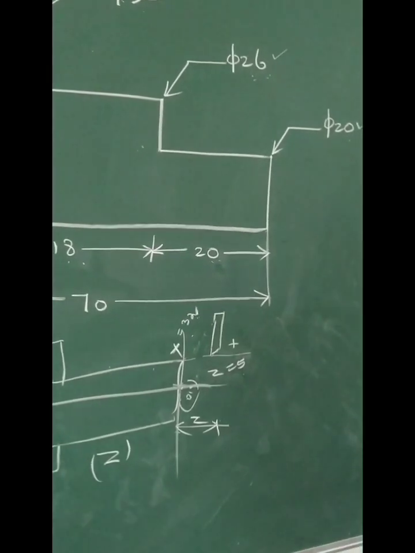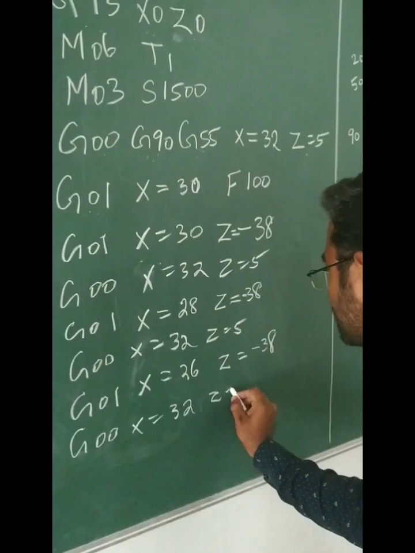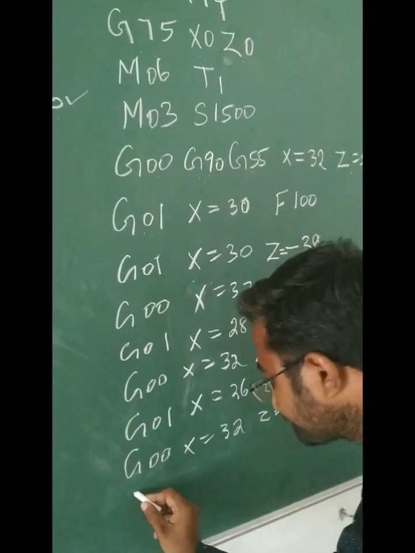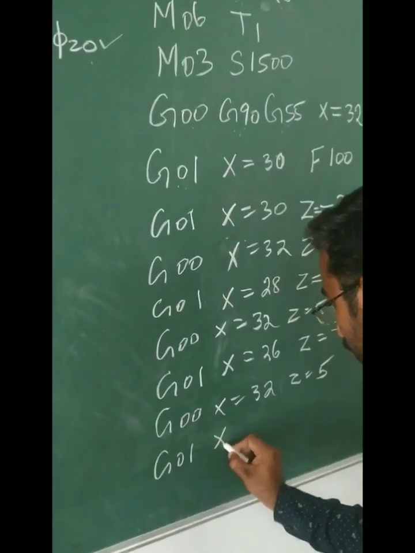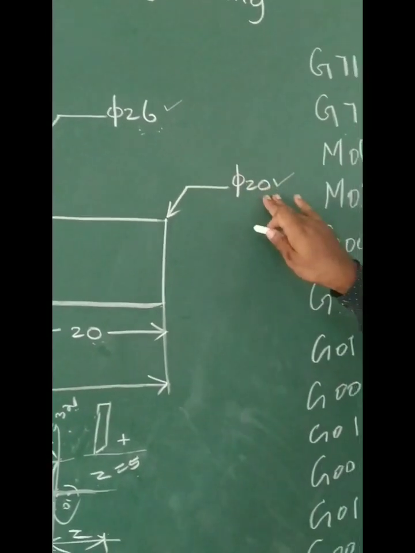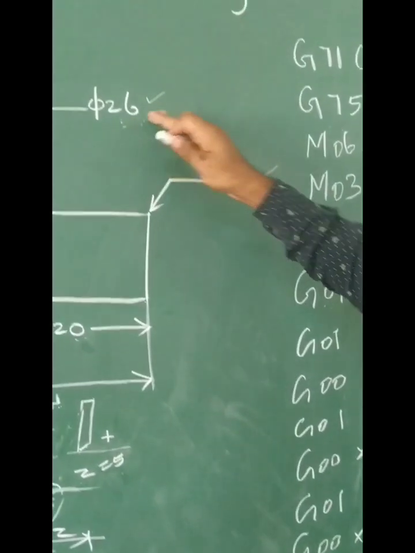So I am going to write G00, X equal to 32, Z equal to 5. I am sending it to the home position. Again G01. Now we have to reduce 26 to 20, so reducing a further 2 mm, the X value will be 24.